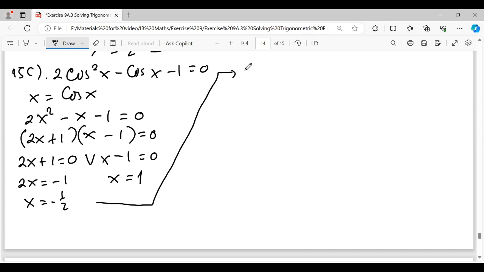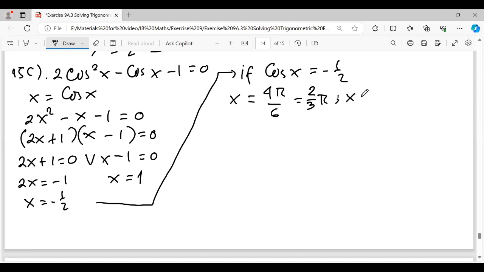I'm going to move into the space. If cosine x equals negative half, x are 4 pi over 6, or 2/3 pi, and then x equals 8 over 6 pi, or 4/3 pi.